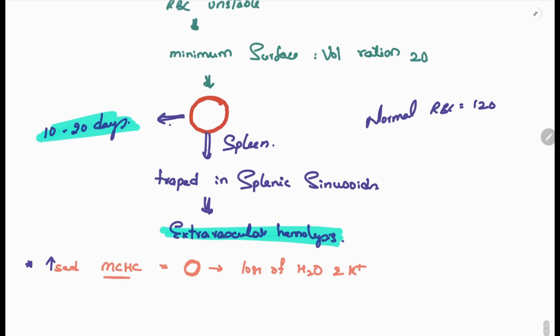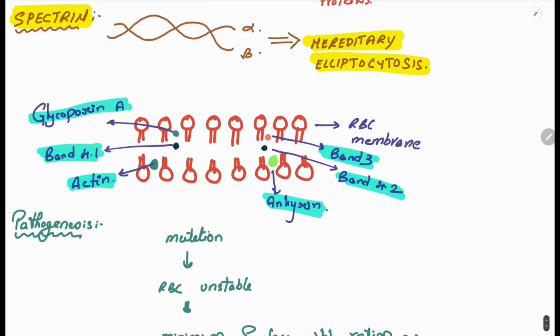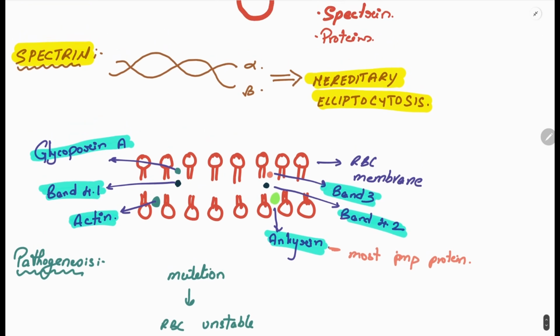And let's come back to the genes. Ankyrin is the most important protein in hereditary spherocytosis, and there are very few chances of glycophorin being involved in hereditary spherocytosis.